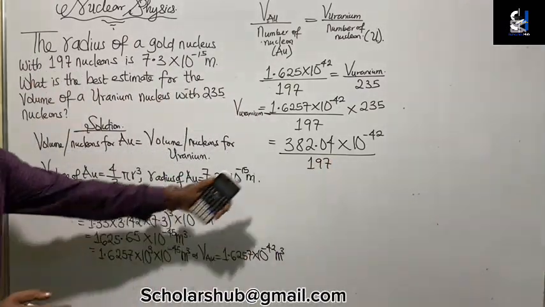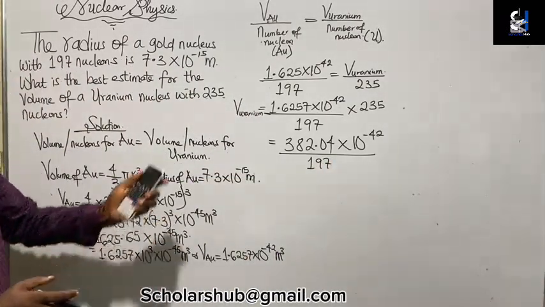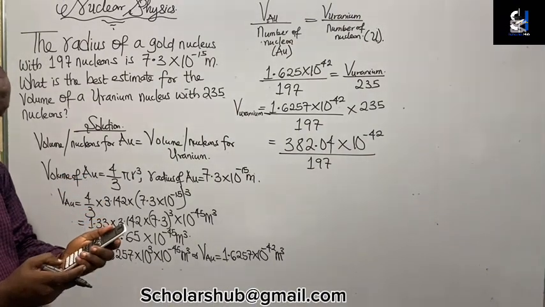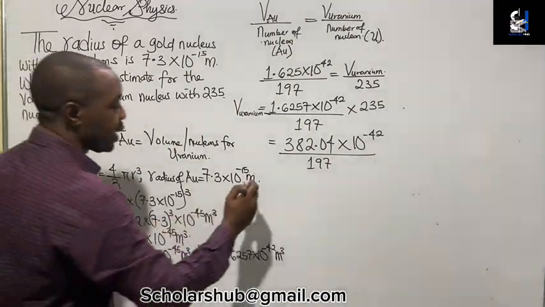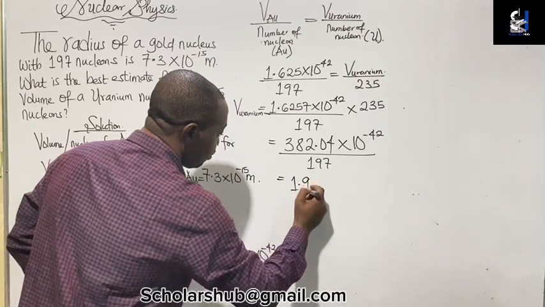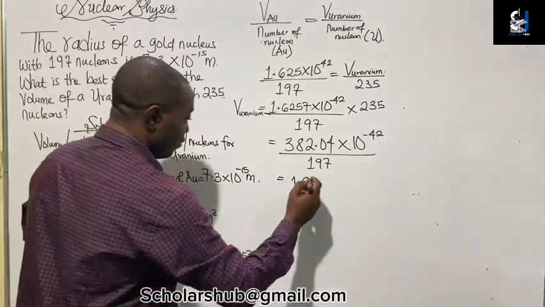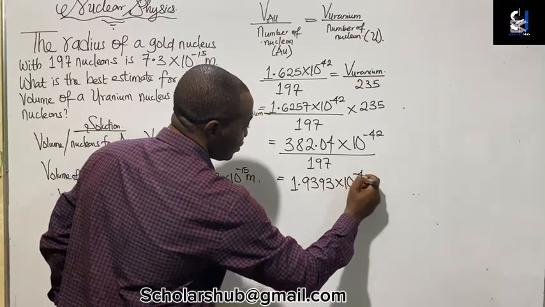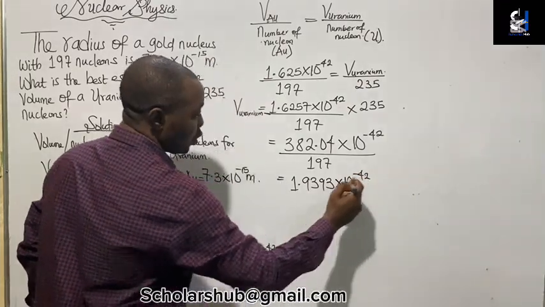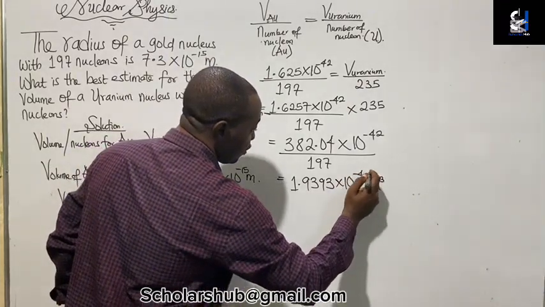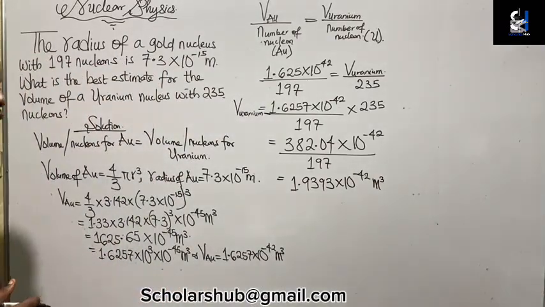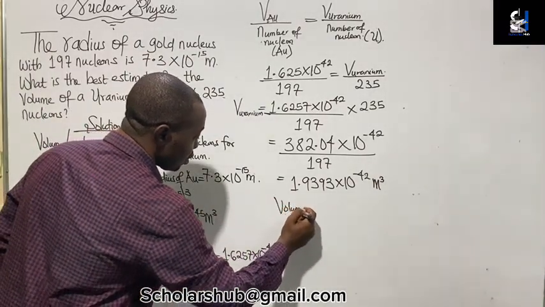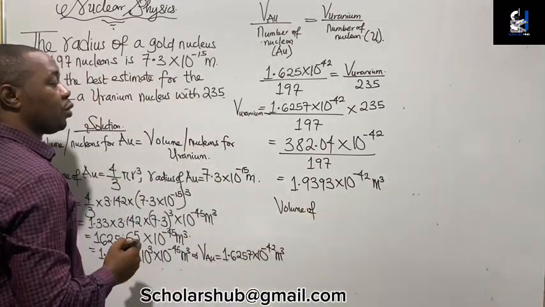Dividing this value by the nucleon number for gold, 197, we get 1.9393 multiplied by 10 raised to the power of negative 42. Remember, we are calculating volume, so the unit will be cubic meters. This is the best estimate for the volume of uranium.